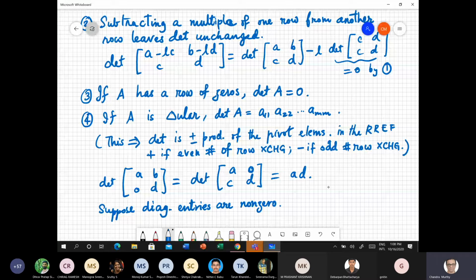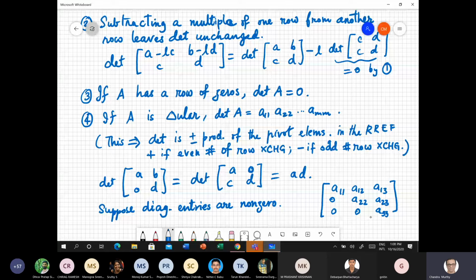So I'll just write this as an example to give you the idea, but the arguments hold in the general case. So I have A11, A12, say upper triangular, A13, 0, A22, A23, and 0, 0, A33.